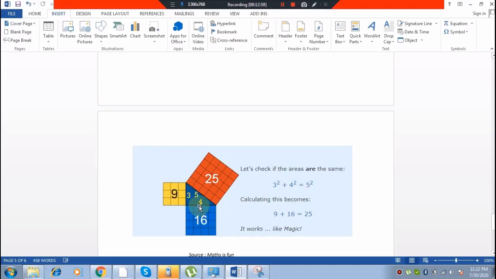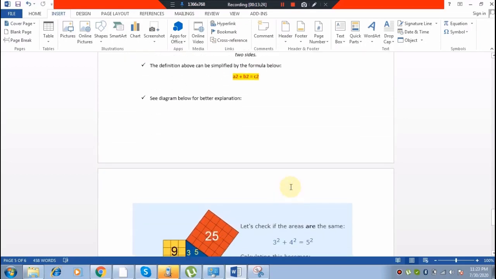So the square root of 25 is what? It is 5, isn't it? Right? Let's just check as well. 3 squared plus 4 squared equals 5 squared. Calculating this becomes 9 plus 16 equals 25. That's what this whole thing indicates.